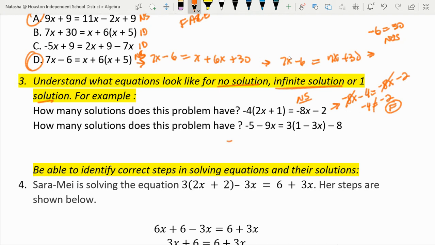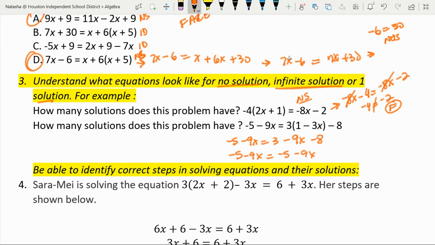On this next one, if I have negative 5 minus 9x is equal to 3 minus 9x minus 8, simplify. So this is going to become negative 5 minus 9x is equal to 3 minus 8, which is going to give me negative 5 minus 9x. As you can see, they're the same equation.